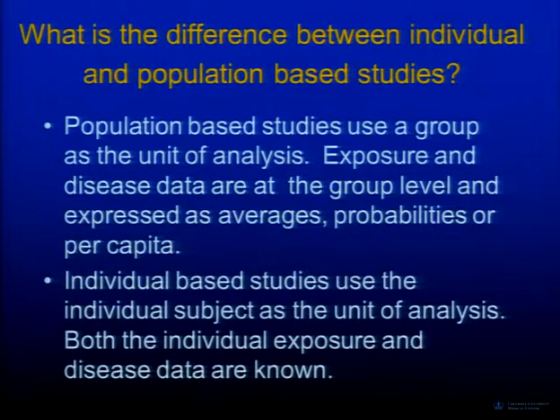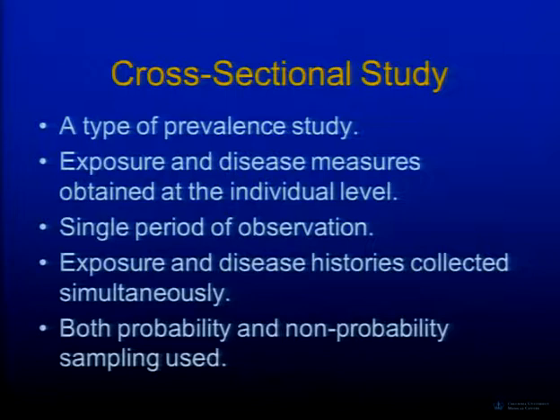We're collecting that. So that gets us to cross-sectional studies, the other design we're going to talk about today. So this is a type of prevalence study. Exposure and disease are measures that are obtained at the individual level. It's one period of observation. And they're both collected basically simultaneously. And both probability and non-probability sampling is used.